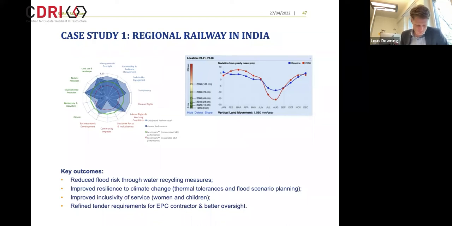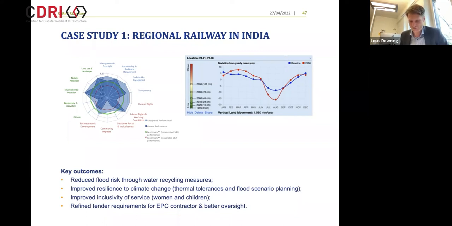So looking at those four different options, sea level rise for the next 100 years at that location for RCP 4.5 is looking at about 1 meter, and the elevation of the tracks was about 6 meters. So actually sea level rise wasn't a problem for that particular project.